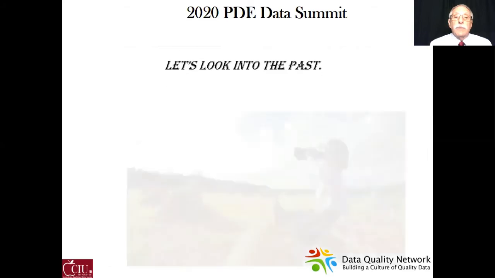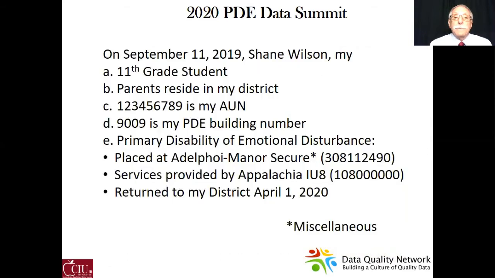So let's look into the past. It's September 11, 2019. Shane Wilson, his parents reside in my district. He's an 11th grader, and my AUN is 1, 2, 3, 4, 5, 6, 7, 8, 9. I have a building number of 9009, and he's placed at Adelphi Manor Secure. With the asterisk, it's a miscellaneous organization, their AUN.